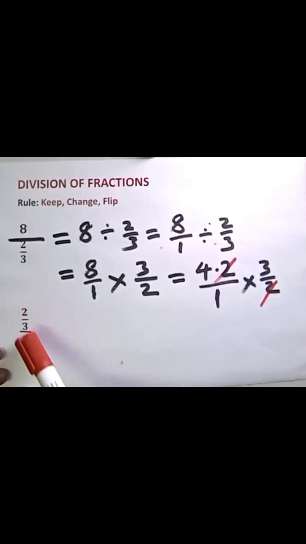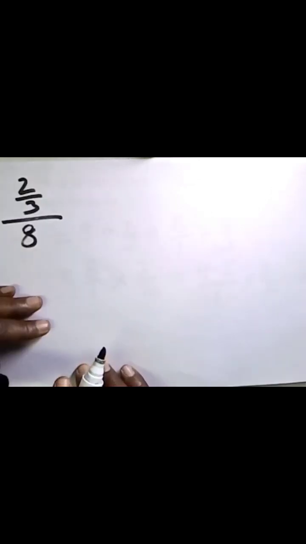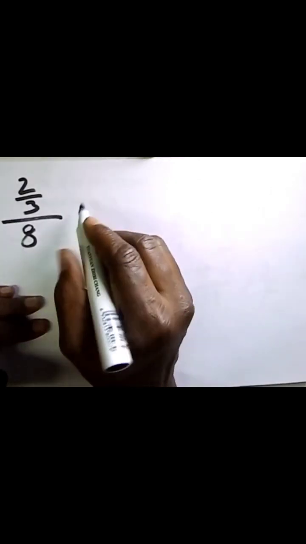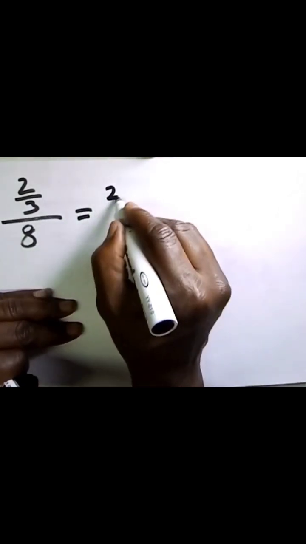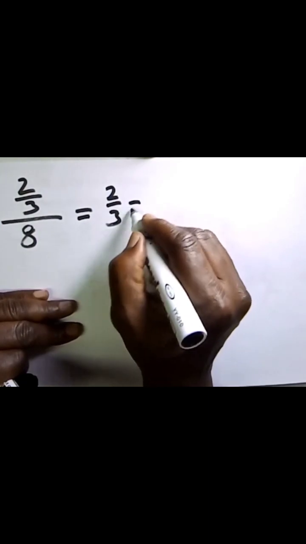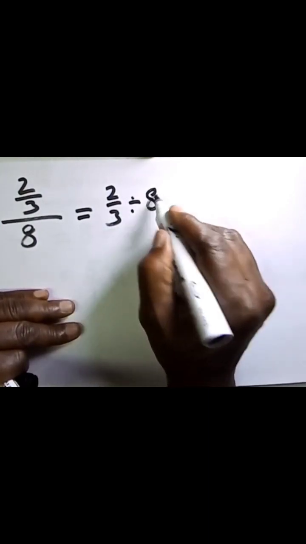Here we have a whole number dividing a fraction. Very easy. So 2/3 divided by 8.